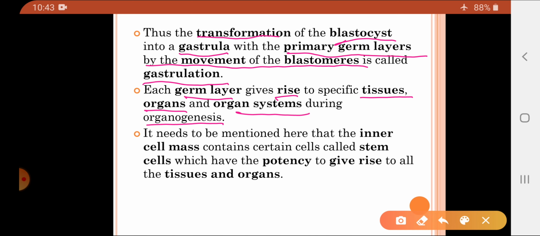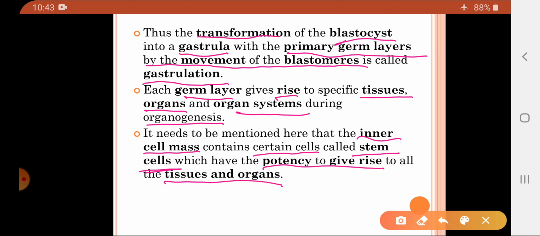Now how is that possible? How do the cells of the inner cell mass, which are converted into germinal layers, form the tissues, organs and organ systems? The inner cell mass contains certain cells called stem cells, and these stem cells have the potency to give rise to all the tissues and organs.